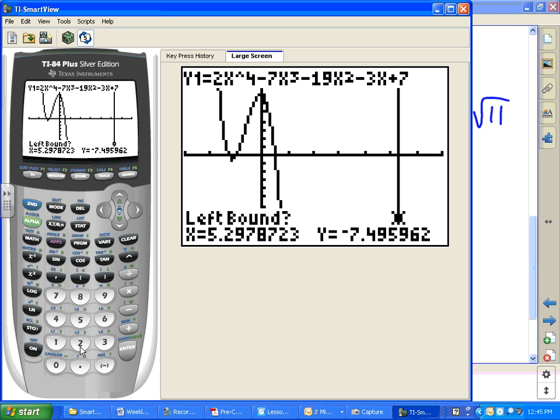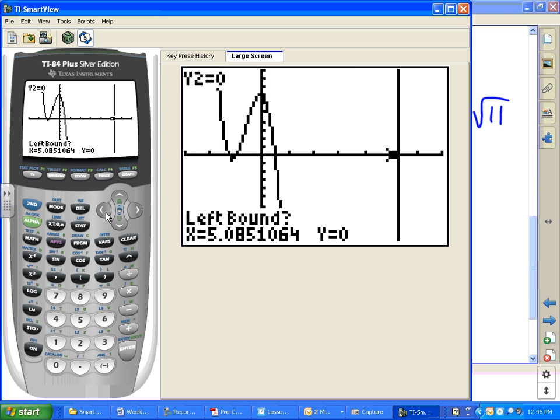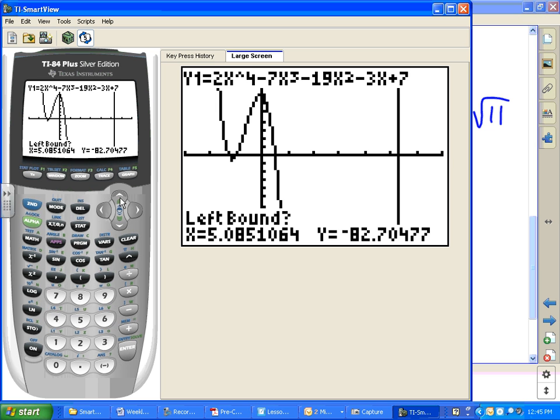Okay. If I go to the left of my 0, so using my left, oops, I don't want to be on that one. I want to be on this one. There you go. Now it's getting closer to 0.